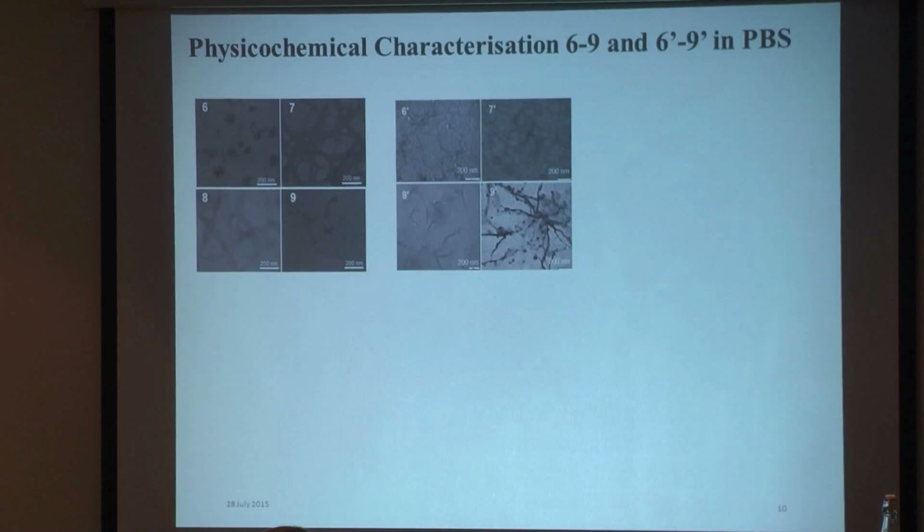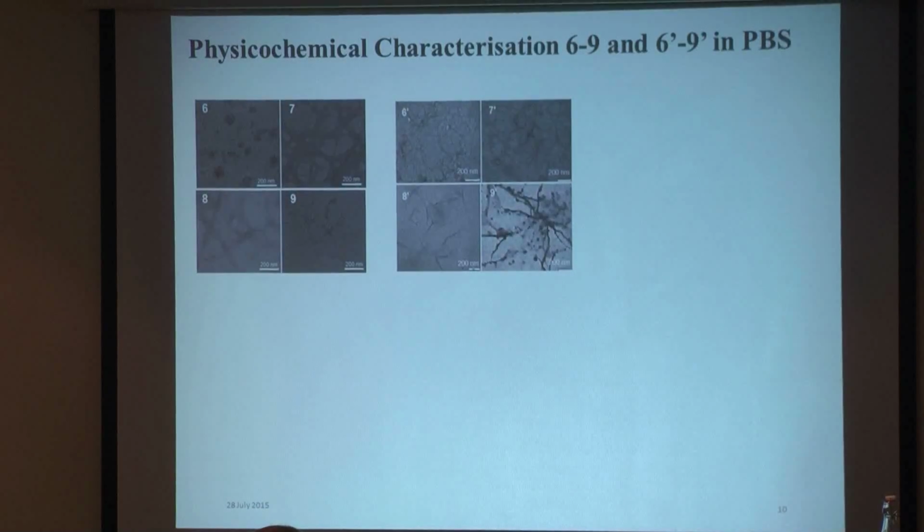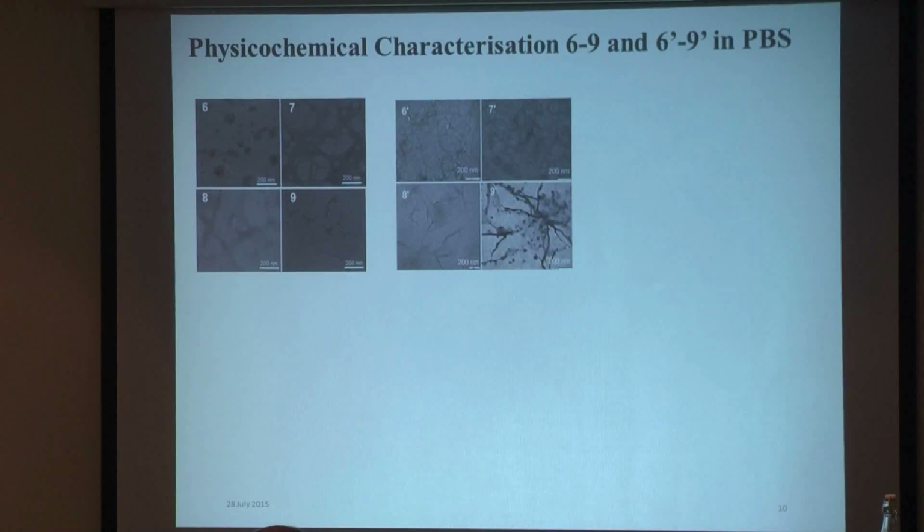Then we self-assembled them in PBS, which means that first we dissolved them in hydrochloric acid and then increased the pH to self-assemble them, and looked at them in TEM. So it's very interesting that for the constructs with lipid at the N-terminus, with C12, we saw a spherical particle, which is number 6.